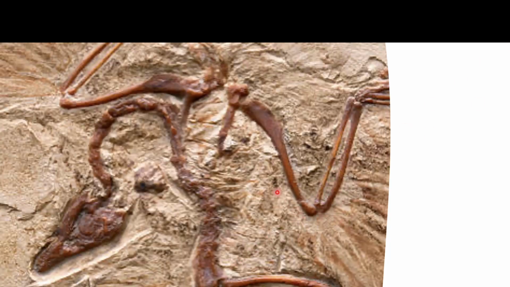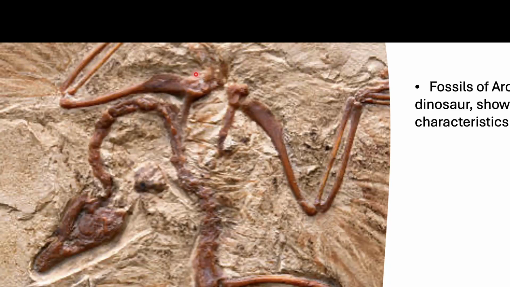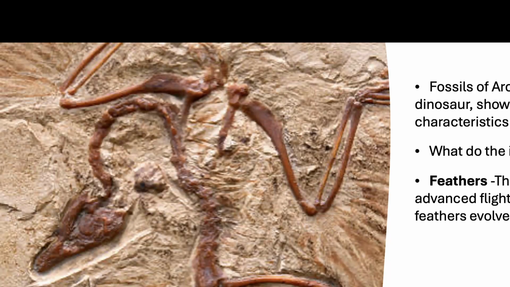And you can also see its bone structure, the beak structure, the eye have all really well preserved in the fossil. Now, fossils of Archaeopteryx, a small bird-like dinosaur, show impressions of feathers and other characteristics that support the theory of evolution. Now, how do these impressions play an important role in the theory of evolution? What do these impressions show? Feathers.